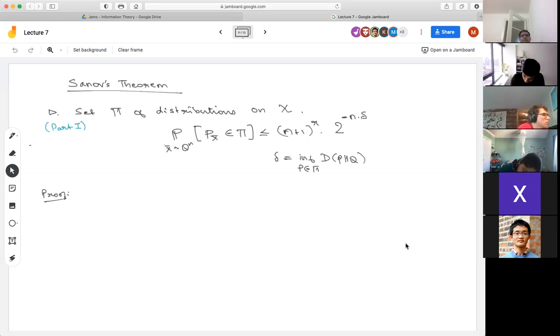Let's call this set pi. These are not necessarily types. In fact, n is not fixed. And the collection may be infinite. Again, as on the previous page.